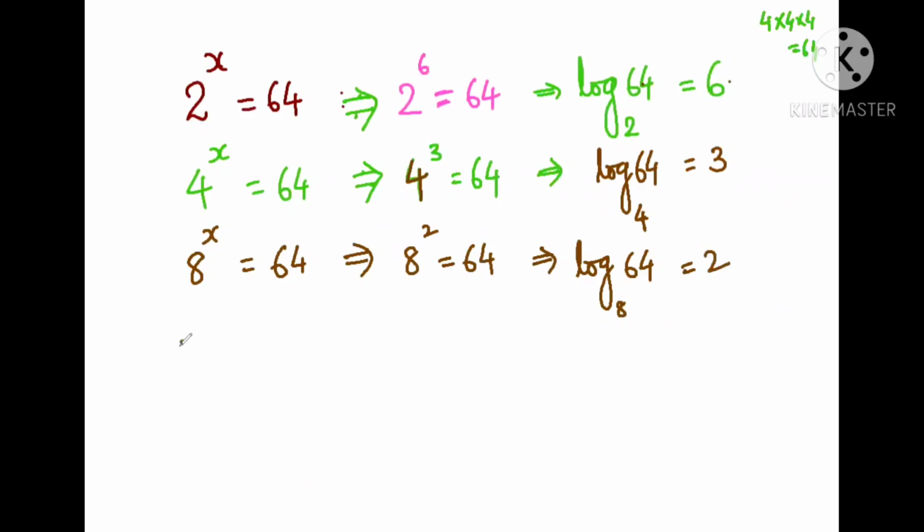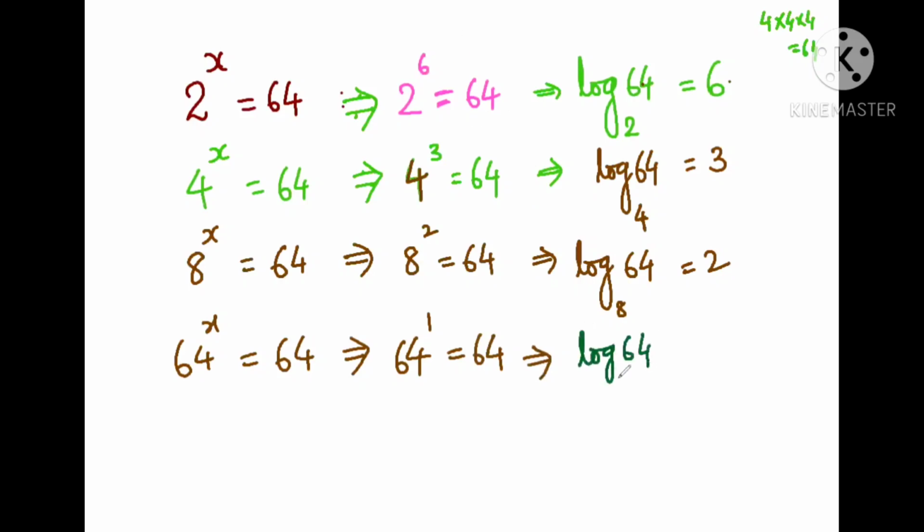If I take 64 as the base, 64 to the power of x is equal to 64. Here 64 should be raised to 1 to get 64. Therefore, the logarithm of 64 to the base 64 is equal to 1.